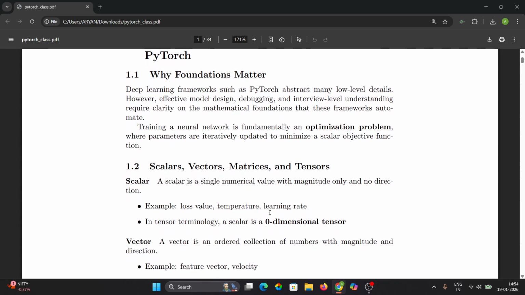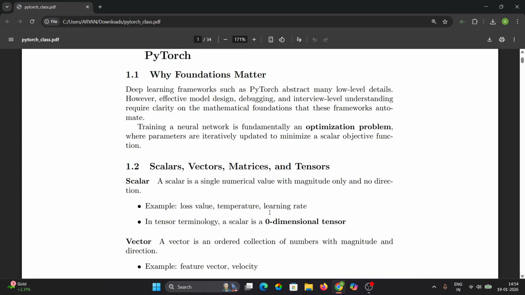Deep learning frameworks such as PyTorch abstract many low-level details. However, effective model design, debugging, and interview-level understanding requires clarity on the mathematical foundation that these frameworks automate.